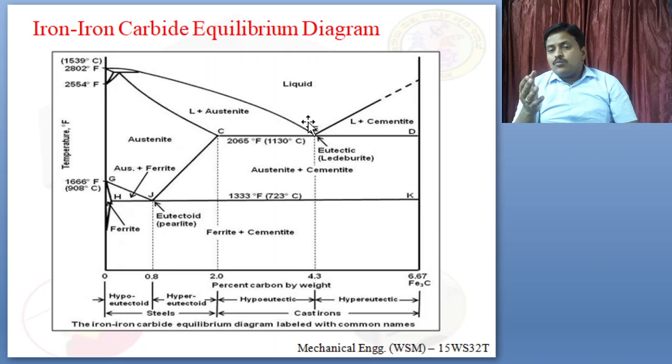Above the melting point, it will convert into liquid. You can see the maximum temperature in the iron carbon equilibrium diagram. Any iron generally can withstand 1400 to 1500 degrees centigrade. I hope you understand these different things. So the solid stage is ferrite plus cementite, and between the solid and liquid is a semi-solid state.